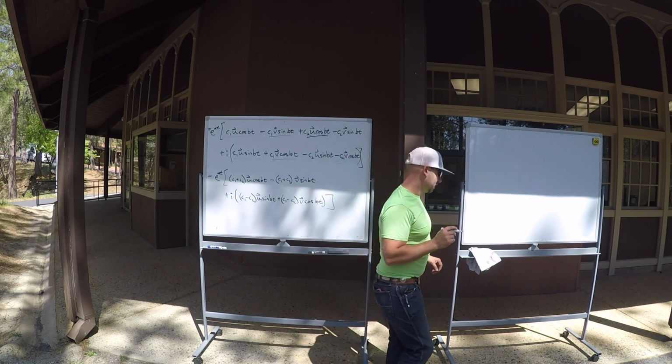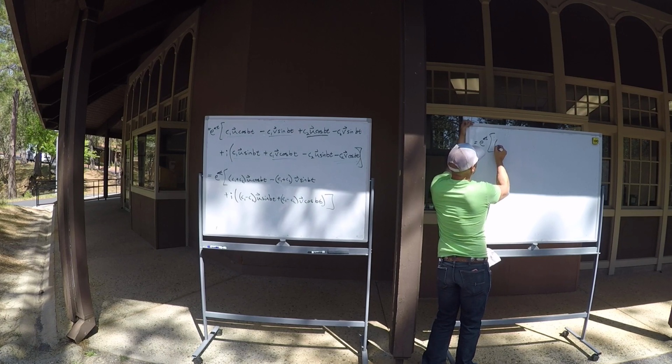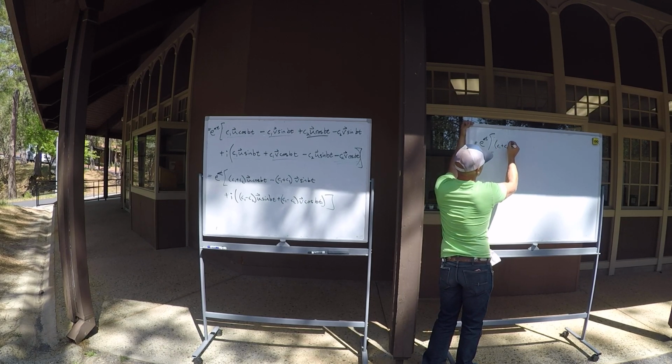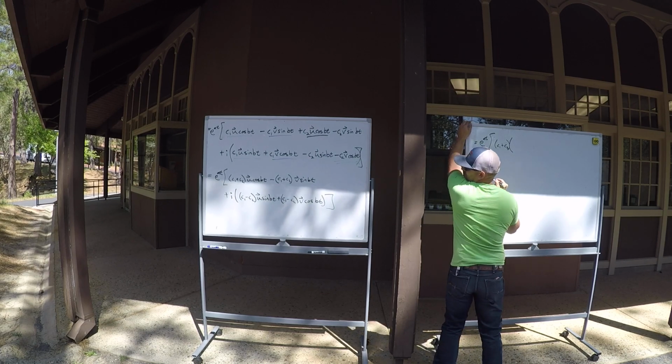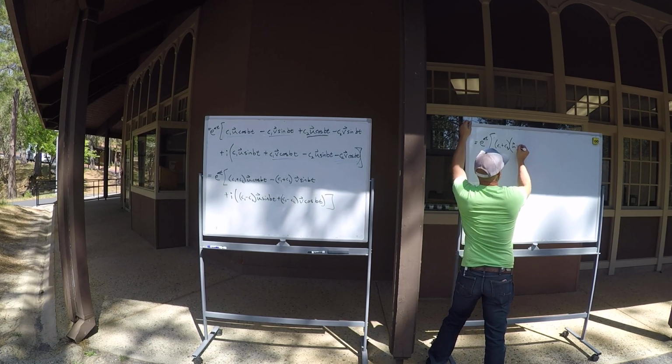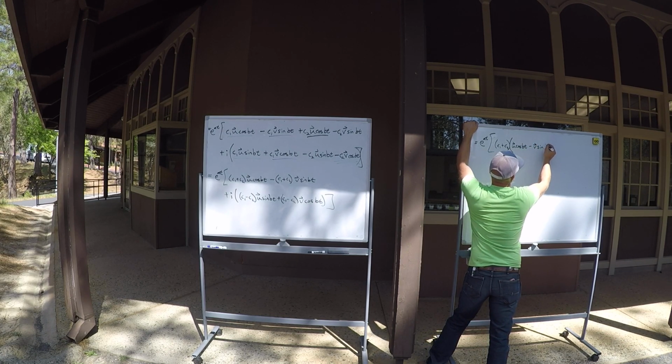I've got an e to the at throughout. So I've got an e to the at, and in the top I've got c1 plus c2 times what? I've got a u cosine bt minus a v sine bt.